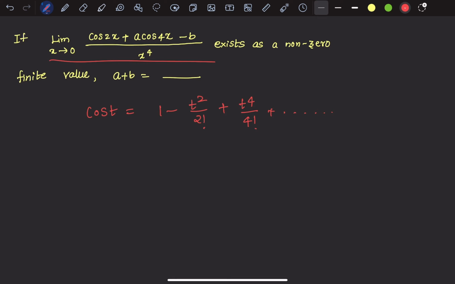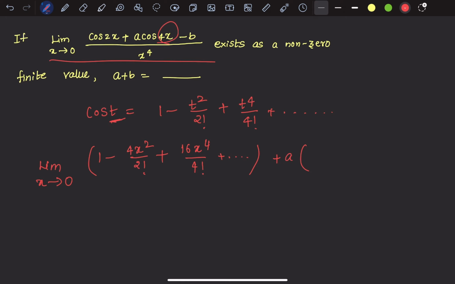So now in this question, limit x tends to 0. For cos 2x, your t will be 2x. So 1 minus 4x square by 2 factorial plus 2 power 4 is 16x power 4 by 4 factorial plus and so on, plus a multiplied by cos 4x.